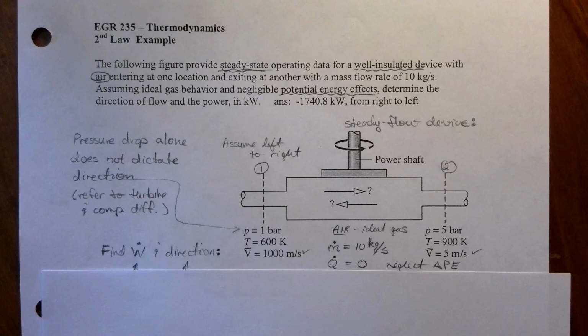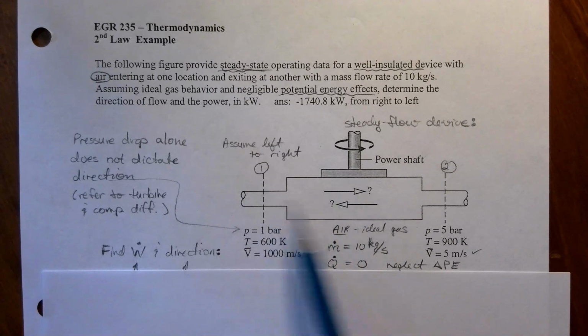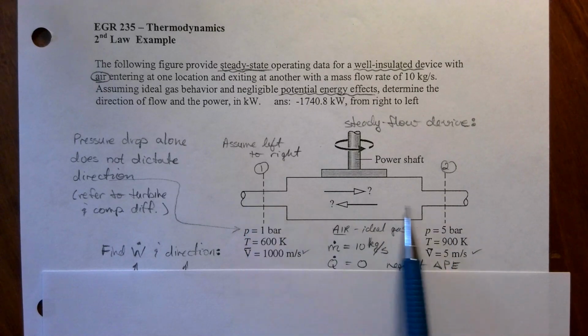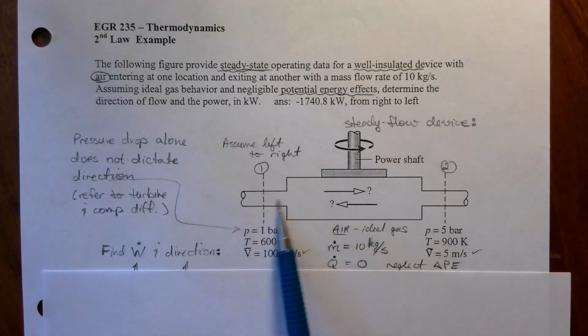Remember, when I first introduced the idea of the second law, we said that it will predict the direction of a device, whereas the first law cannot predict direction. You can multiply the first law by a minus sign and everything still holds. If you do that to the second law, you just converted a possible device into an impossible device. Okay, so a mechanical engineer might look at this and say, oh, the pressure is 1 bar over here and 5 bar over here, therefore the pressure has to go from high to low, so that dictates the direction.